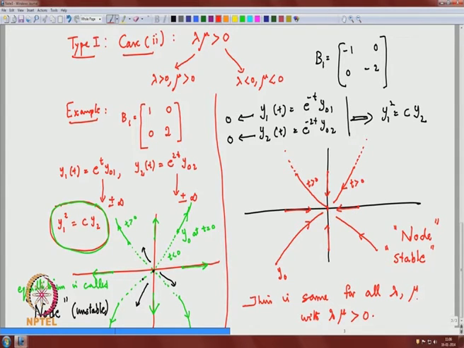What we have done is that in type 1, when it has two distinct eigenvalues, lambda and mu of opposite signs, you have a saddle point equilibrium which is unstable: one trajectory goes to 0, one trajectory goes to infinity or minus infinity. When lambda and mu are both positive, both trajectories move away from the equilibrium point going to infinity, giving an unstable equilibrium.